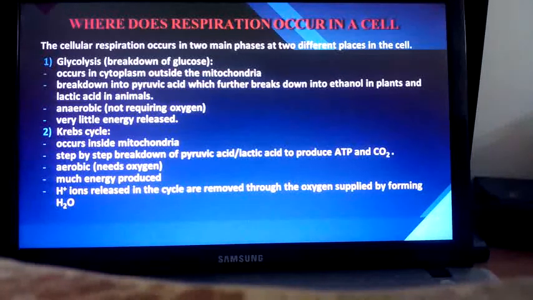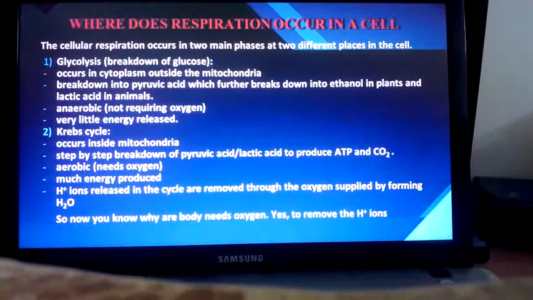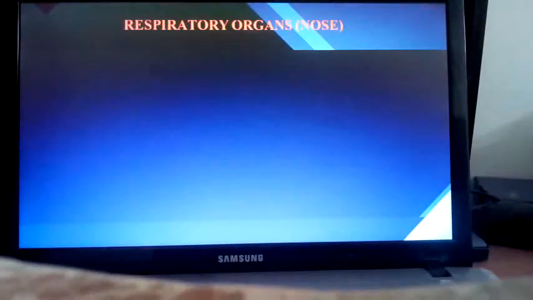Hydrogen ions, got it, are released in the cycle and are removed through the oxygen supplied by forming water. So we now know our body needs oxygen to remove hydrogen ions.